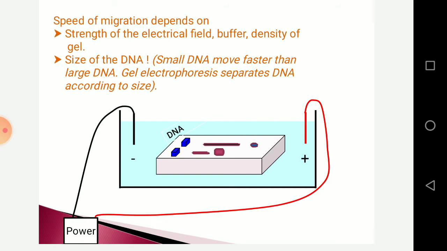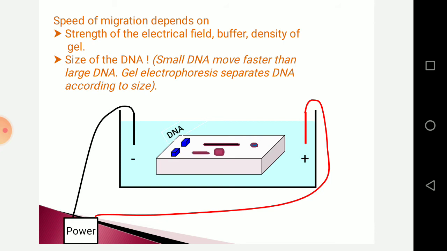And we can see the diagram. If the DNA is of smaller size, it will move faster. You can take a simple example. If two people are participating in a race, and one is a little fat and one is a little thin, who will run faster? What do you think?